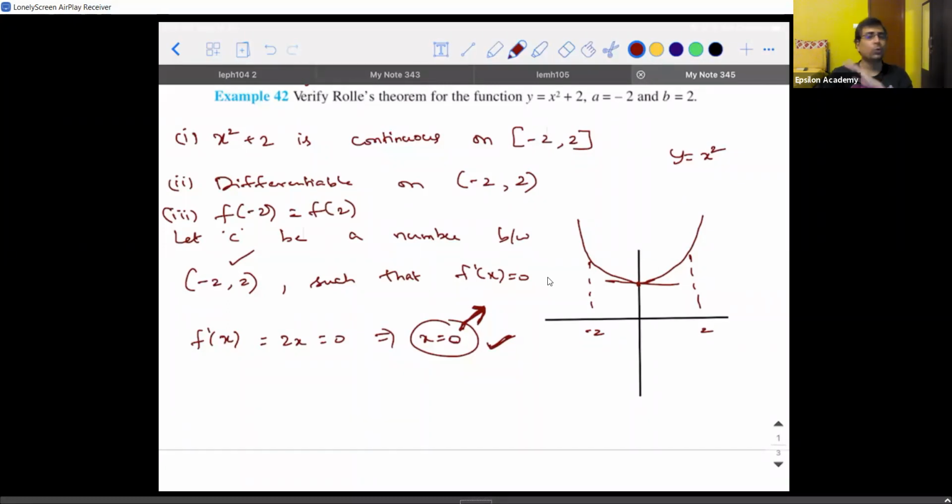What changes can I do? I've given you 3 hints. With the same function, I need to do some manipulations in the question so that this function fails under Rolle's theorem conditions.